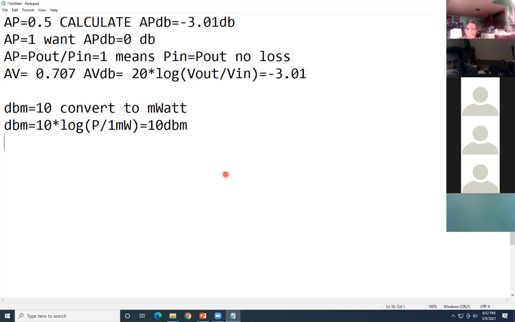Okay. Now go ahead and calculate. Tell me what you get. P is 10. 10 what? 10 milliwatt? Milliwatt. Okay. So I do the calculation.